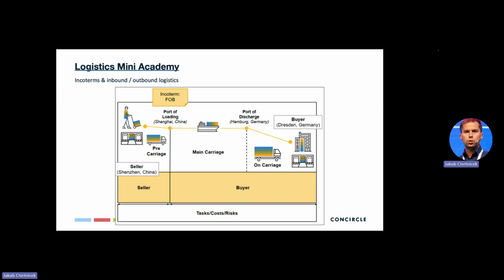Very important thing, Incoterms. It's already alluded to. It's not about the move. The move has to happen between the origin and destination, between the seller and the buyer, or between the shipper on this side and the consignee on this side. It is about who pays for the cargo, and who carries the risks and duties of, for example, doing customs declarations.